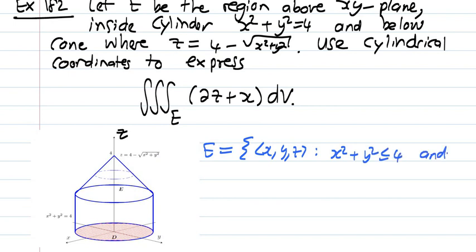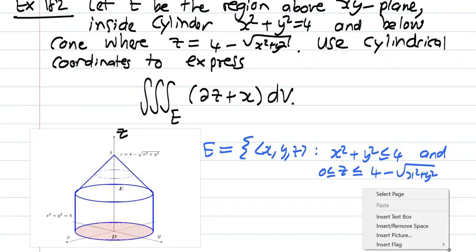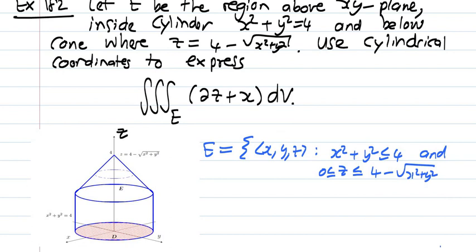The points have to be above the xy plane, so z is greater or equal to 0. And it's got to be below the cone, so z is less or equal to 4 minus the square root of x squared plus y squared. Alright, so from the problem description, we can see it is easy to write E in rectangular coordinates.